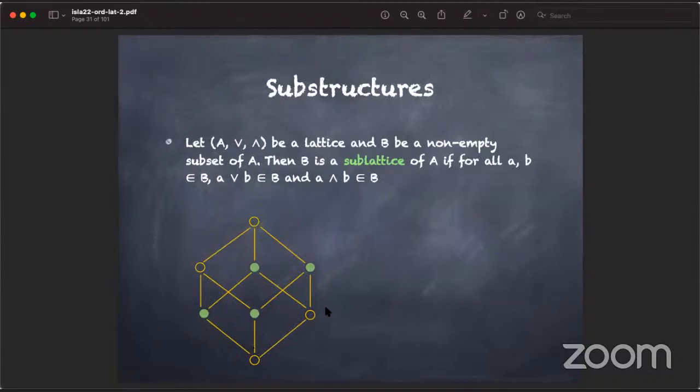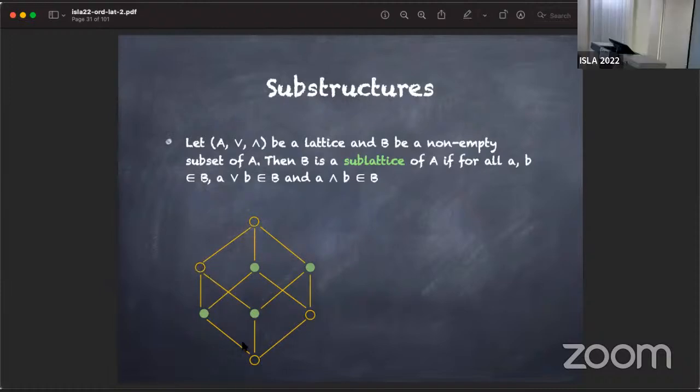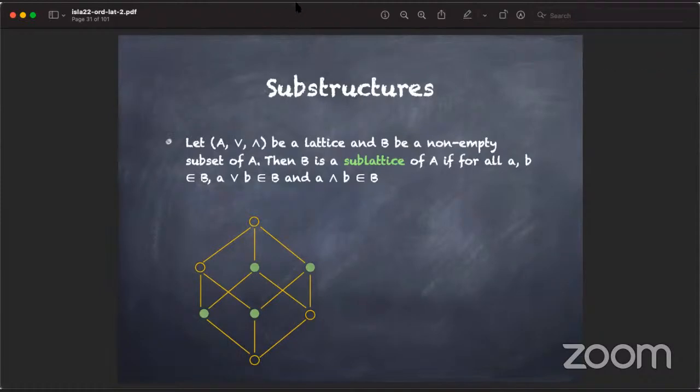Do they form a sublattice? What is the condition? I've given you the condition here. For all a, b, these are the only 4 elements that you need to consider. Yes, ma'am, they form a sublattice. Exactly, they do form a sublattice.